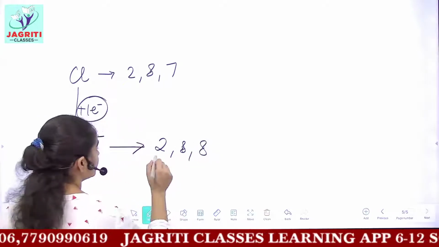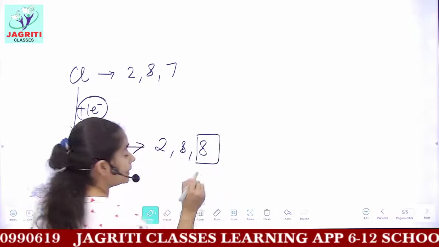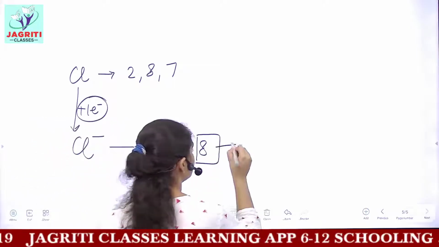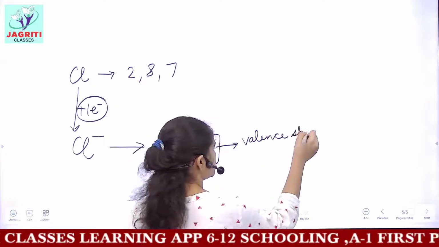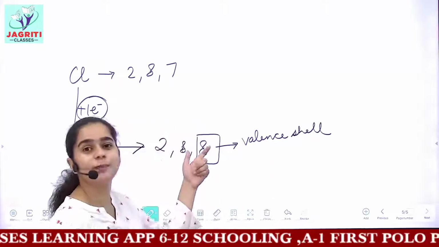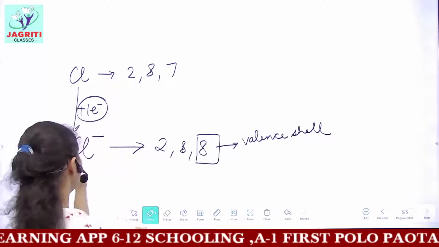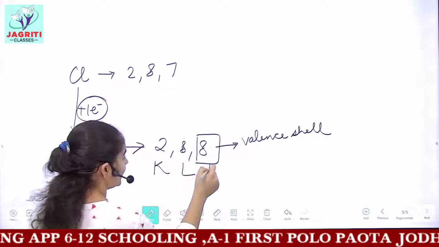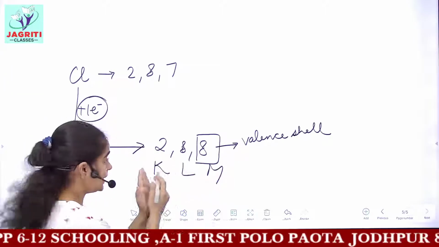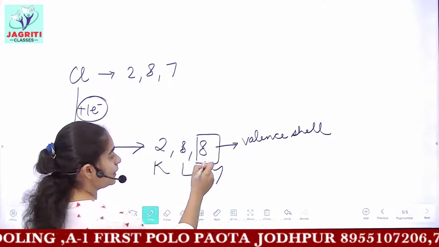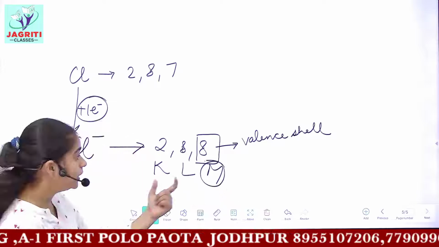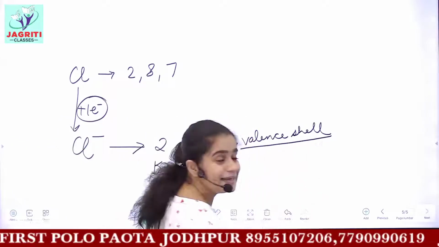According to the octet rule, the outermost shell is called the valence shell. Valence shell means the outermost occupied shell of the atom. In this atom, we have 3 occupied shells, K, L, M. And the outermost occupied shell is your M shell. So here the M shell would be the valence shell.